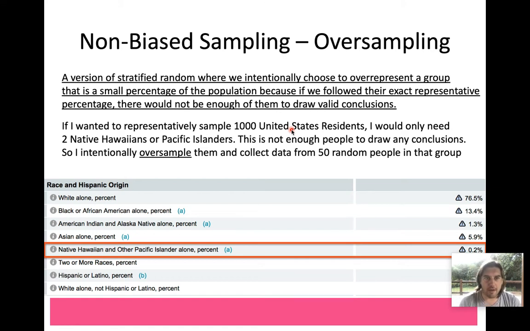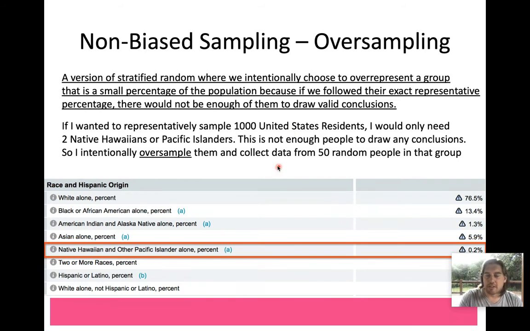So oversampling is a version of stratified random sampling where we intentionally choose to overrepresent a group that is such a small percentage of the population that if we followed the exact representative percentage, there would not be enough of those people from which to draw valid conclusions.